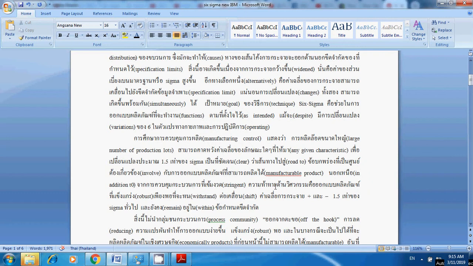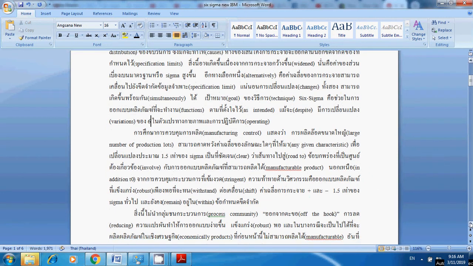The challenge of engineering is to design a product robust enough to withstand the shift of the distribution mean of plus and minus 1.5 sigma, and still remain within the specification limit.